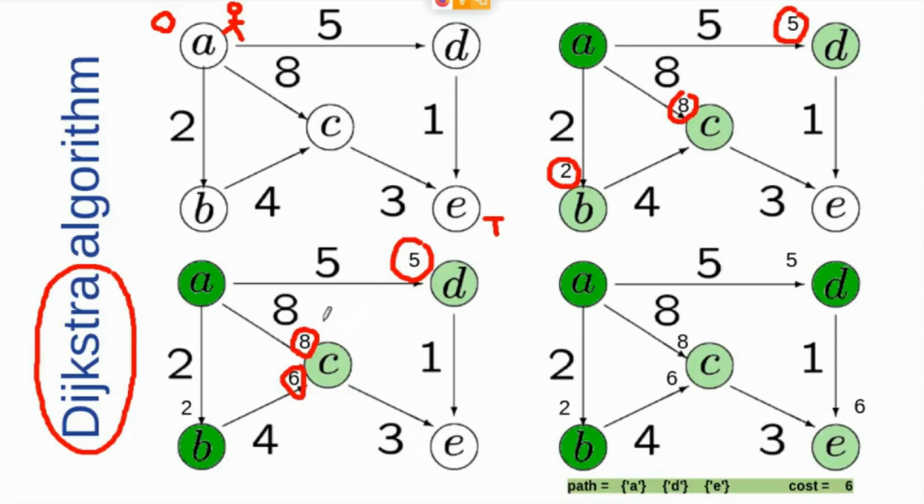So now I will forget about 8 and 6, and I will consider D. So that's why now I visit D with a total cost of 5. You with me? Then I will assess all the neighbors of D. The neighbor of D is only node E, and it's 5 plus 1, only 6, right?